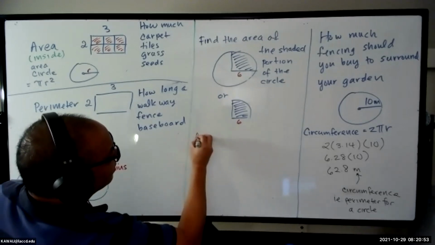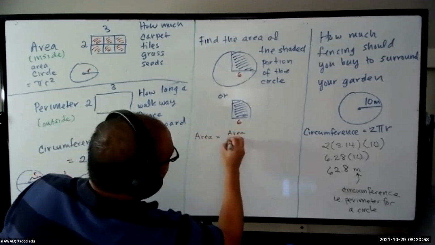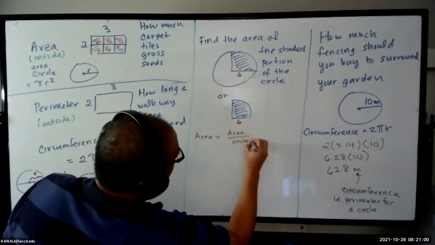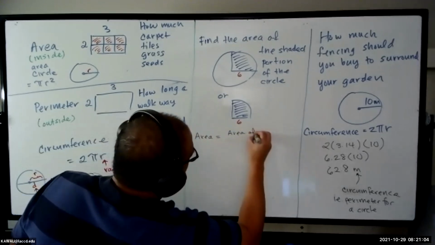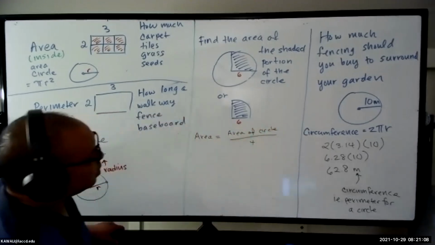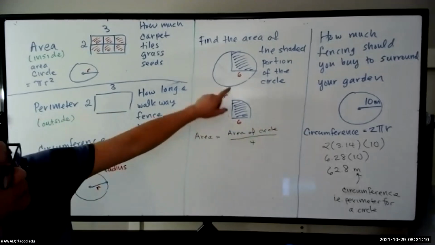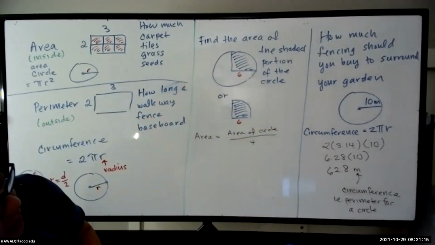So this area is equal to the area of the circle divided by 4. So go ahead and find the area of the circle, this entire circle, okay, and then divide it by 4.